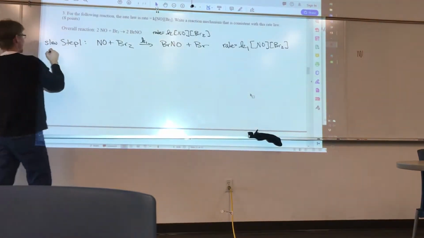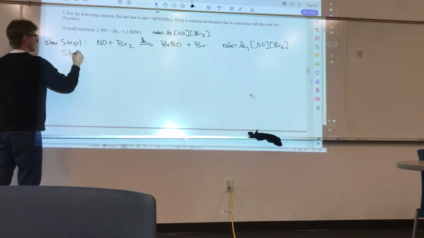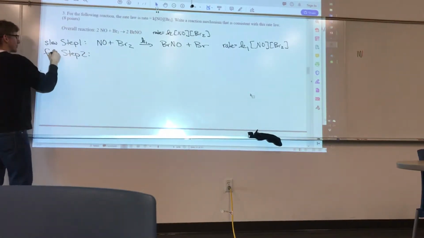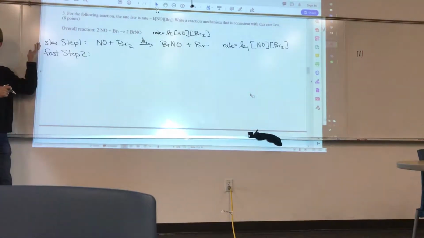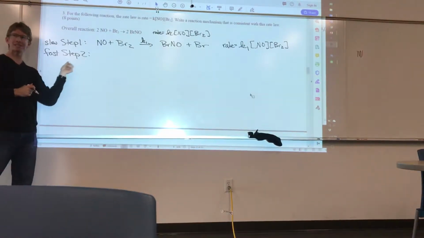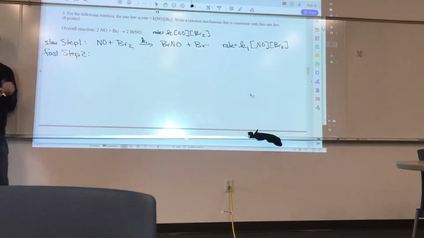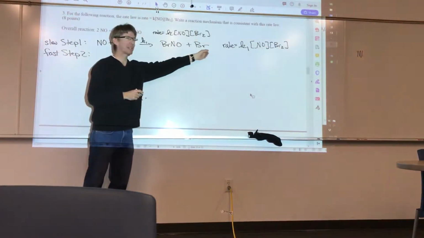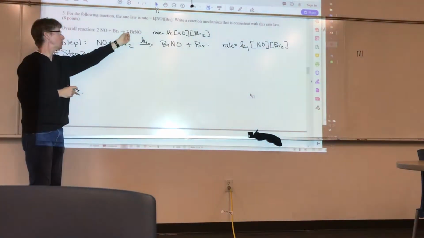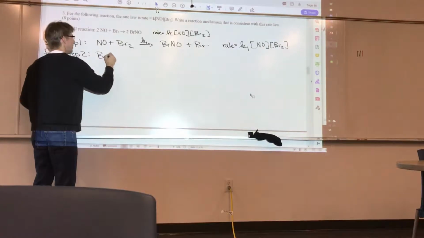Okay. So then step 2 is by definition fast compared to step 1. Fast means that whatever the rate of this is, it is much faster than the rate-determining step. So we don't have to put numbers to it. These are hypotheses. I will point out that the bromine atom right here does not show up in our overall reaction.